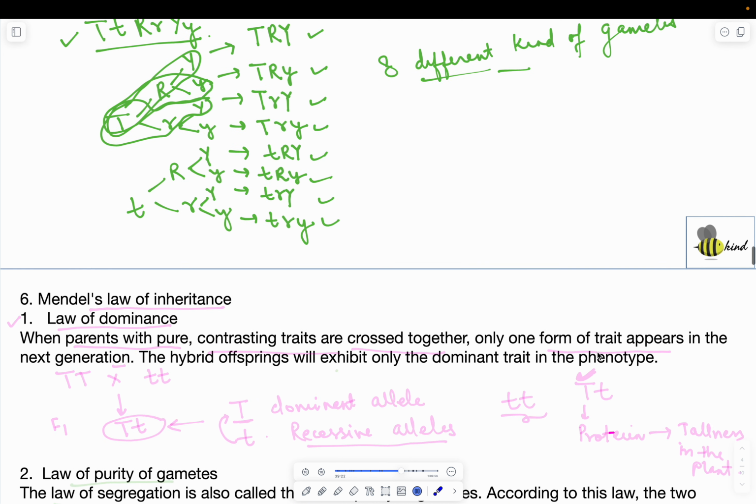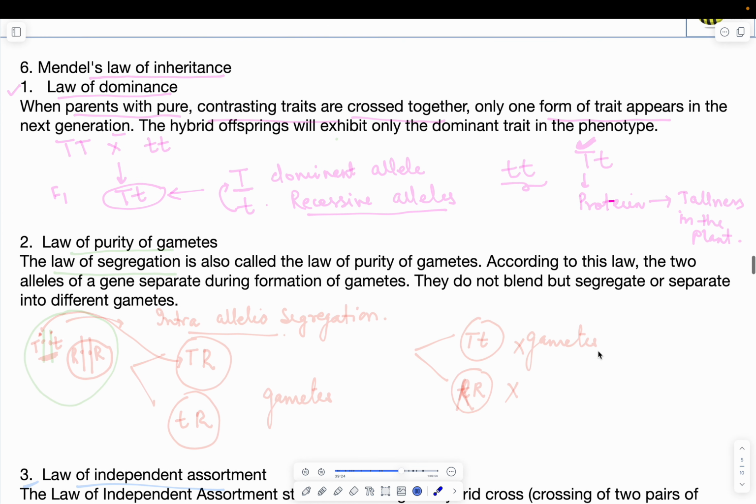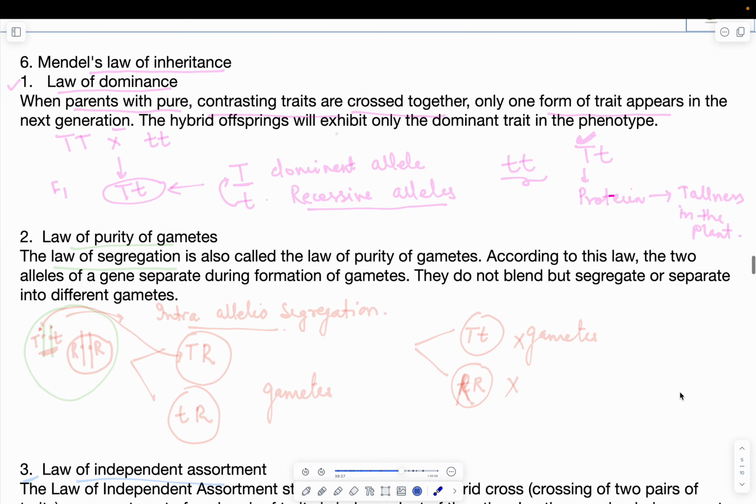So next are Mendel's laws of inheritance. Mendel laid down certain rules of inheritance, which are referred to as Mendel's laws of inheritance. The first law is the law of dominance.